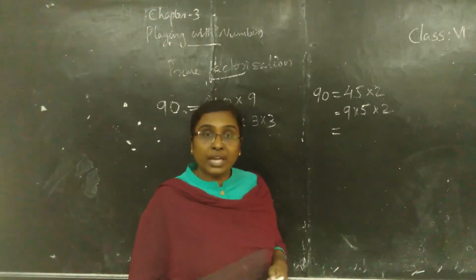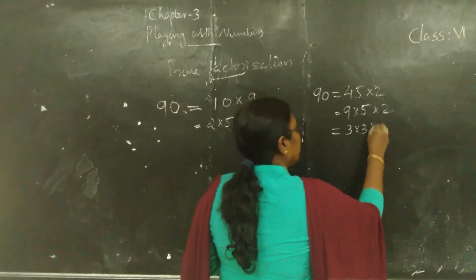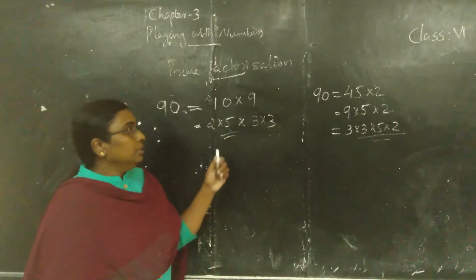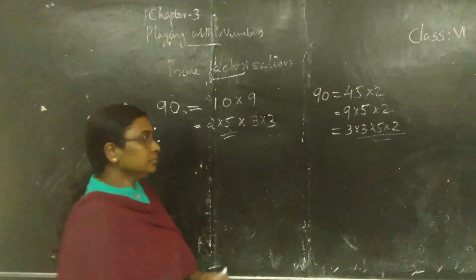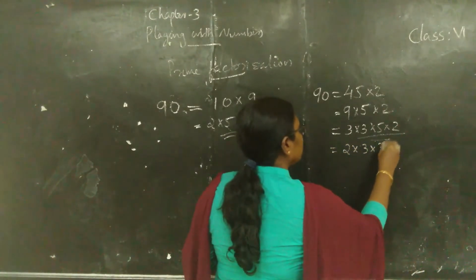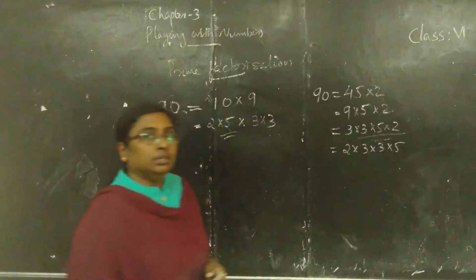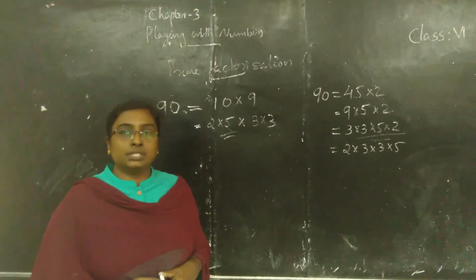So we have to factorize 9 again. 9 equal to 3 into 3, into 5 into 2. Isn't it? 2 into 5 into 3 into 3. Or we can arrange this as 2 into 3 into 3 into 5. This is prime factorization.